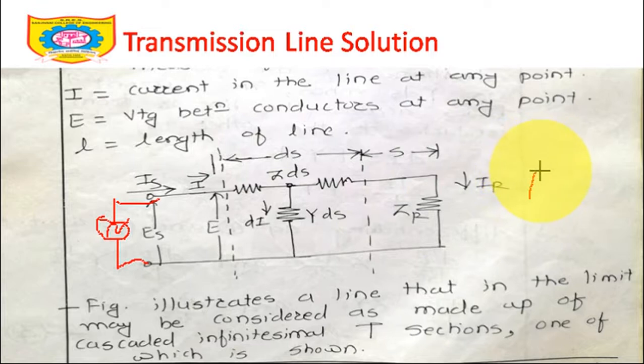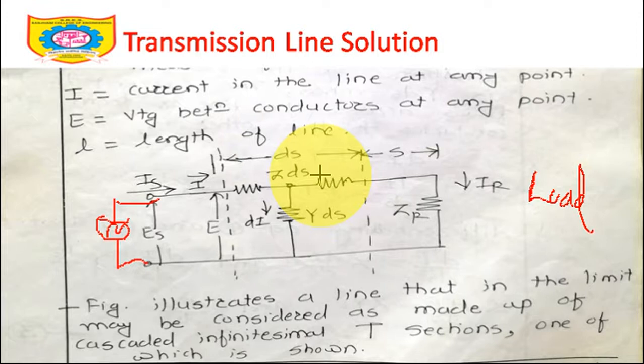So this is our receiving end, Rx, or I will say that this is the load end. So this is my load. If this is the load, s is a distance always measured from the receiving end or the load end of the transmission line, and from that distance, the ds length is taken. Is it okay?